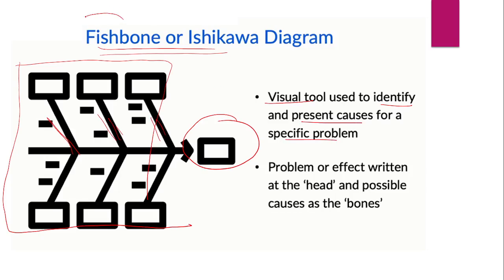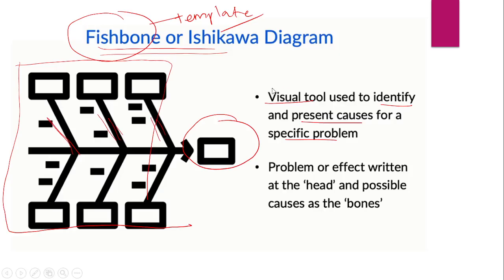If you Google the fishbone diagram template, you will get any number of templates. With the help of a template, you can fill in academic things also, not only for solving problems. It helps you identify where you are lagging and where you are going to reach. All these things can be done with the help of the fishbone diagram.